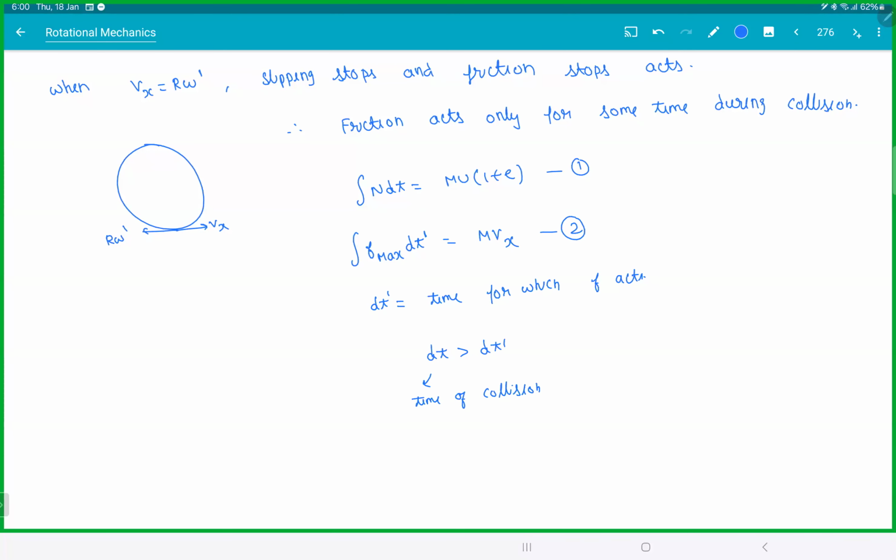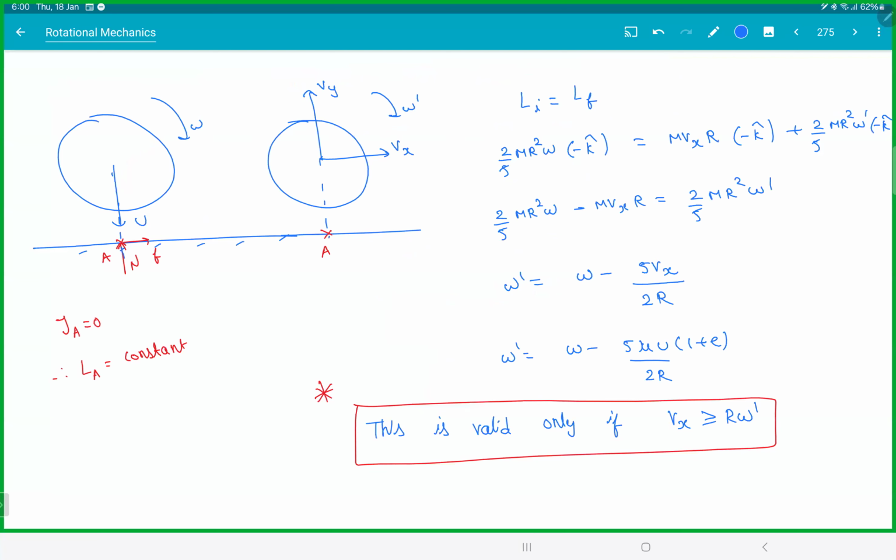If you have more friction, you'll get more spin. But luckily, omega dash will still remain the same. Only this Vx will change. So this equation is still right. This is always valid. But the formula for Vx changed.